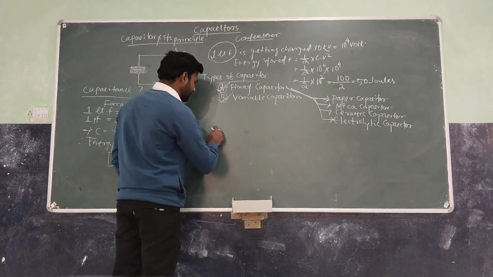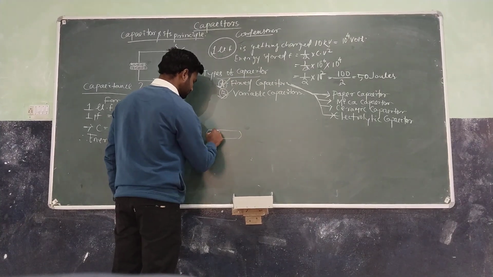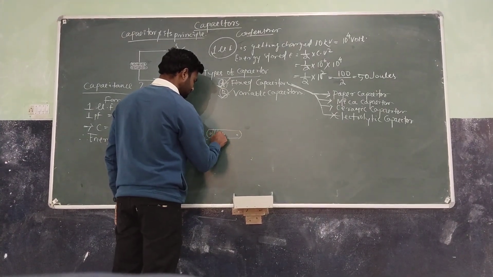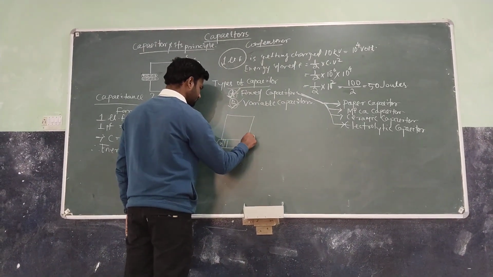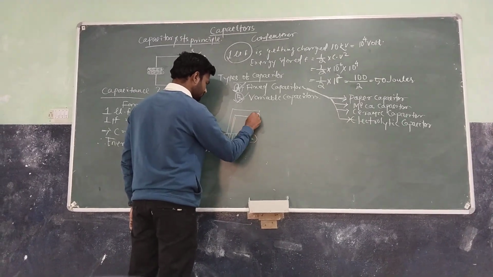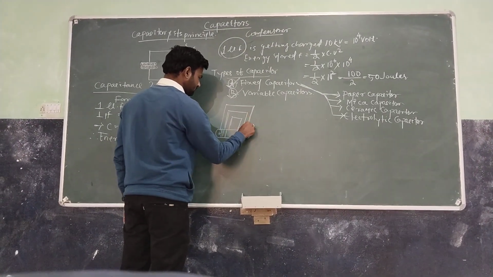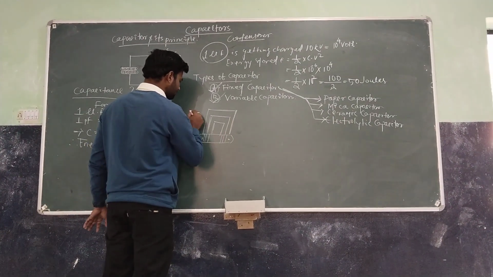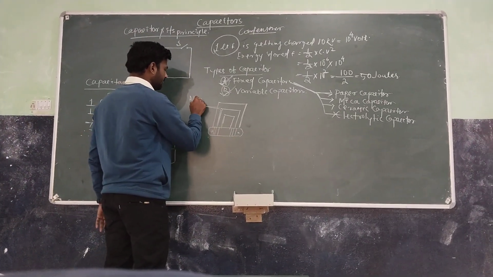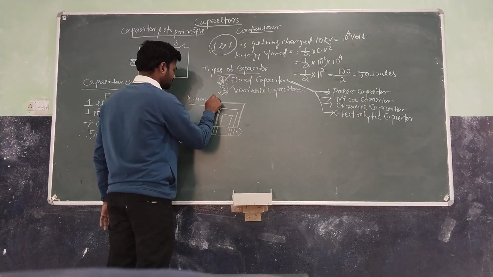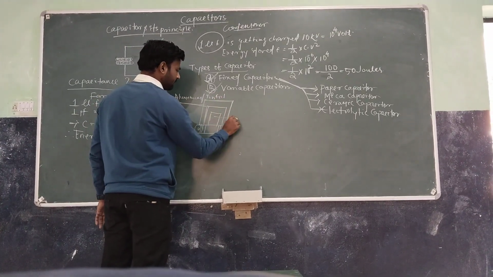Here is the diagram of a paper capacitor. These are the aluminum foil or tin foil, and these are the papers.